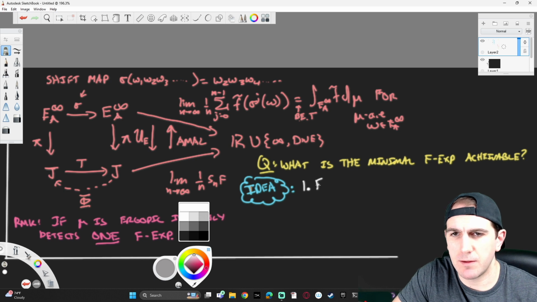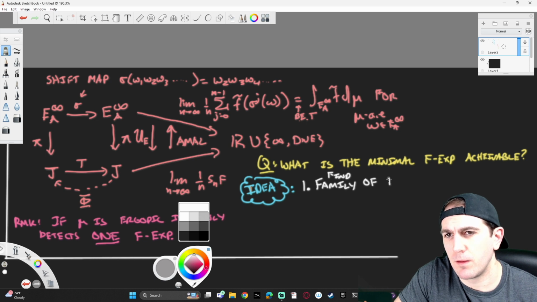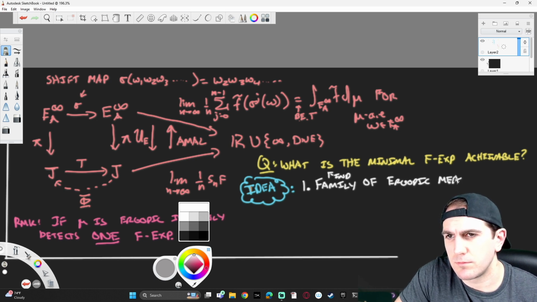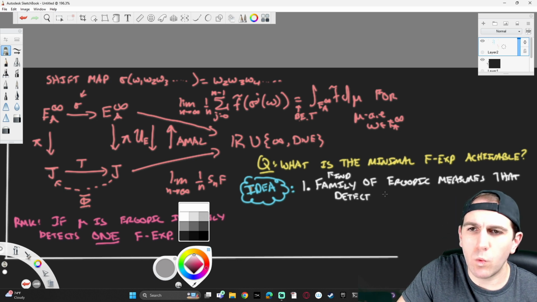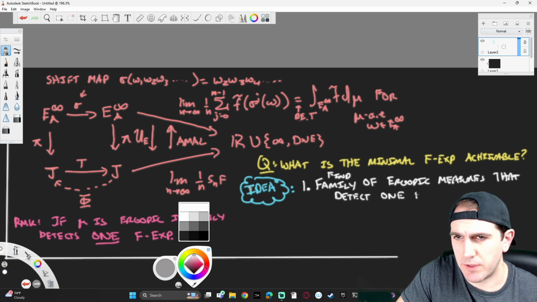So we need a defined family of ergodic measures that detect one exponent.